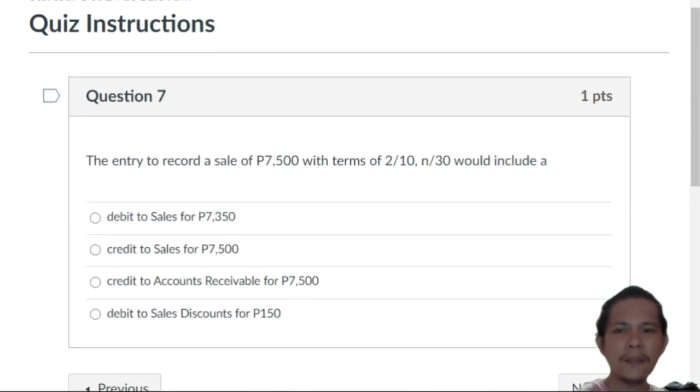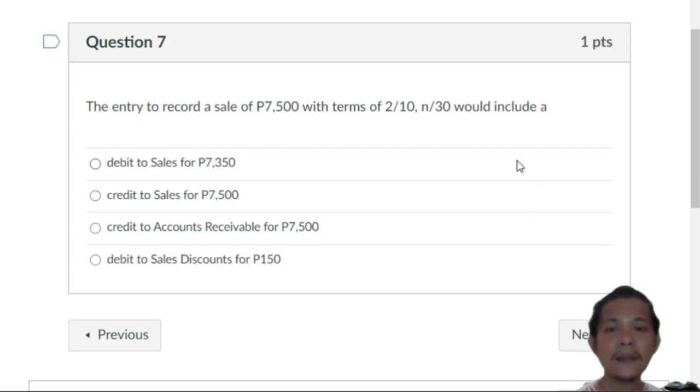Question number 7 naman tayo. The entry to record a sale of 7,500 with terms of 2/10 and over 30 would include debit to sales for 7,350, credit to sales for 7,500, credit to accounts receivable for 7,500, or debit to sales discount for 150 pesos.